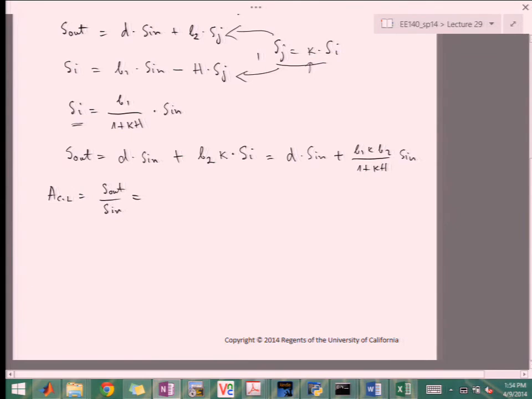S is just signal. It's not Laplace or anything. It's any signal representation that we want, current, voltage, whatever. So in this case, it's B1 K B2 over 1 plus KH plus D.